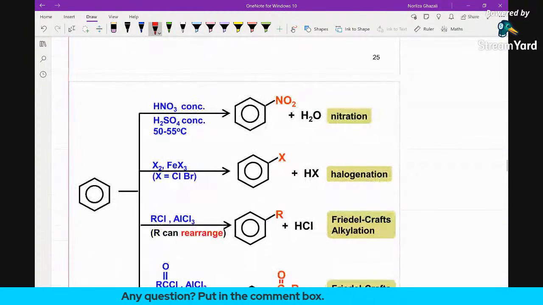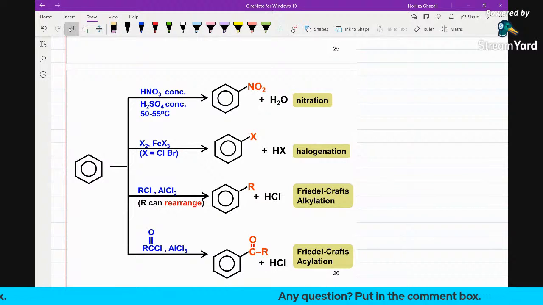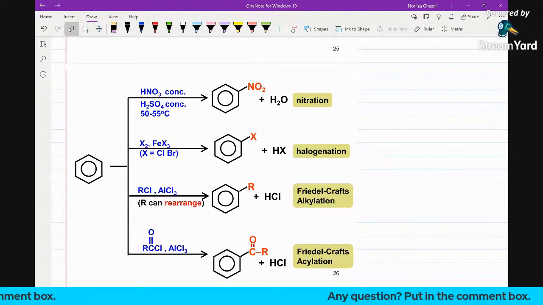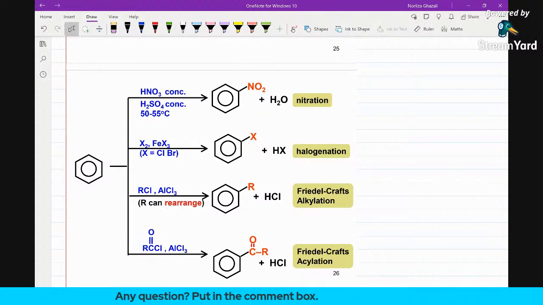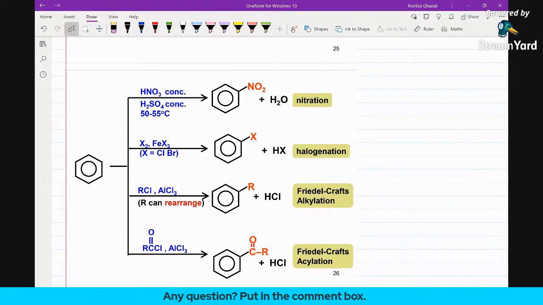Okay, so this is the summary of reactions in benzene. Okay, so tonight I don't want to focus on the mechanism. Sorry, I just want to do some revision on naming the compounds and the reactions. Right. So this is a summary for the reactions in benzene.